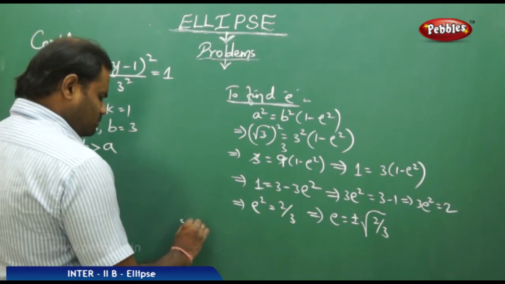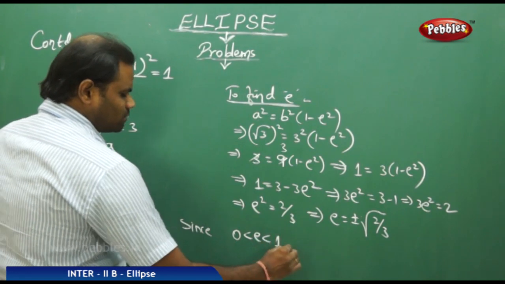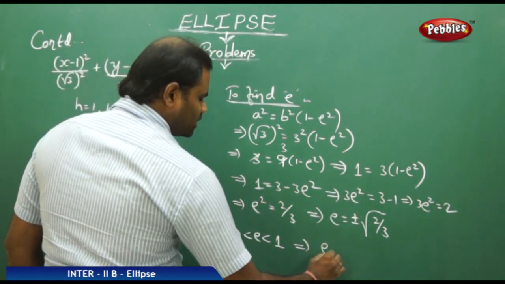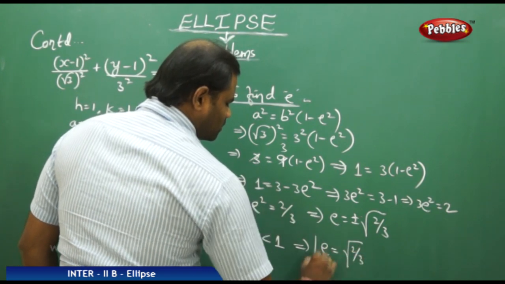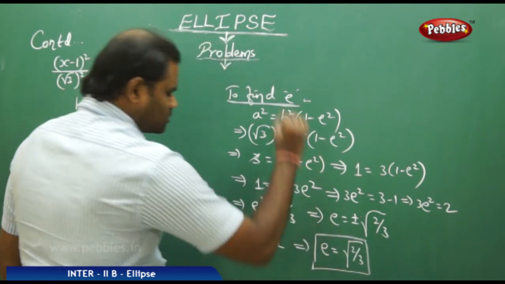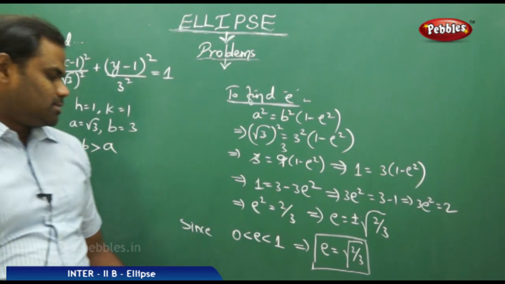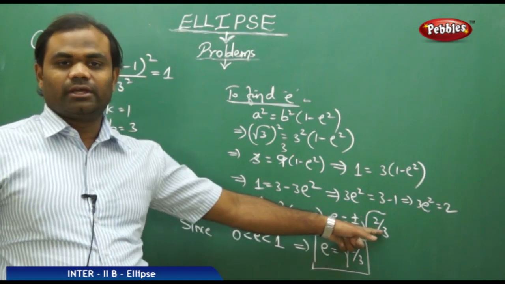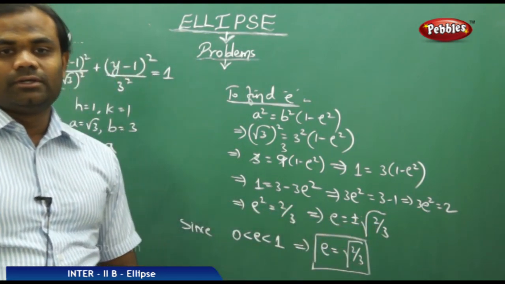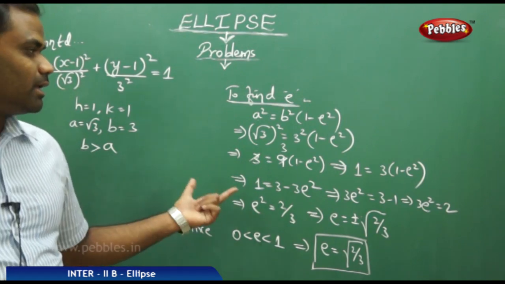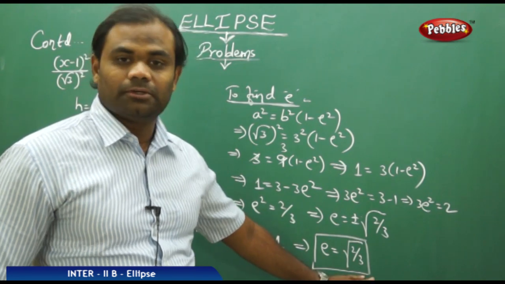Now, since e lies between 0 and 1, e cannot be negative. So I take the positive value, e equals root of 2 over 3. So the eccentricity of the given ellipse is root of 2 over 3.